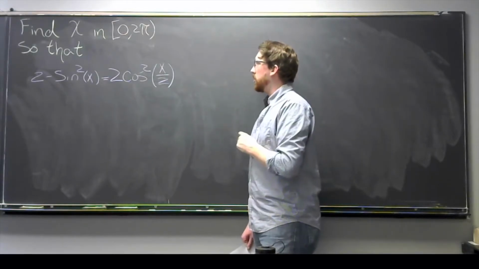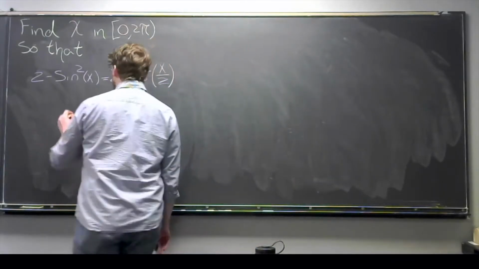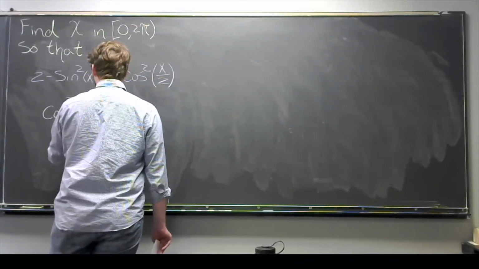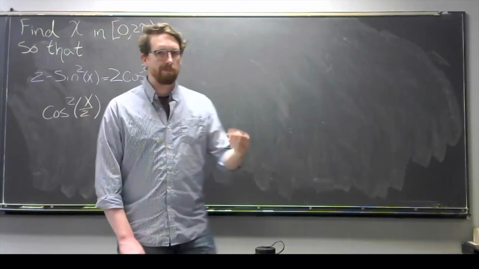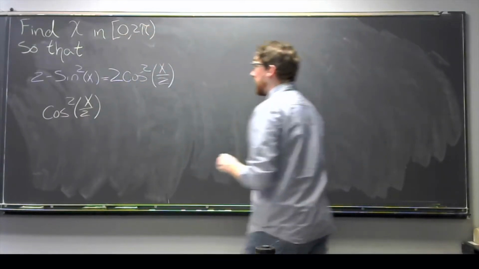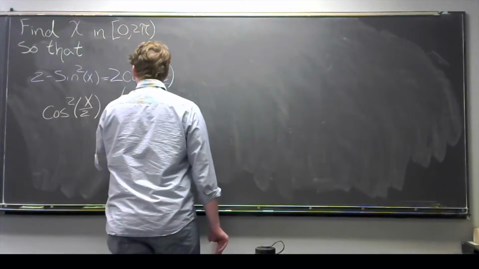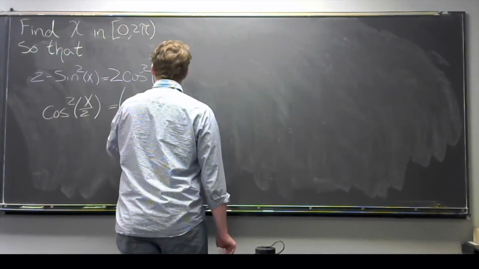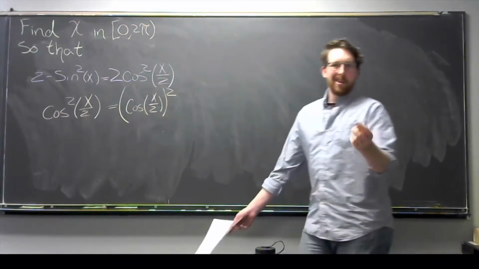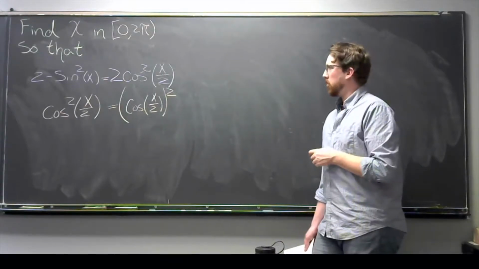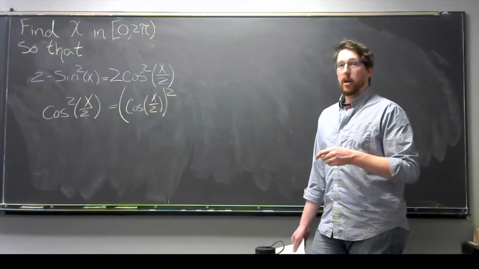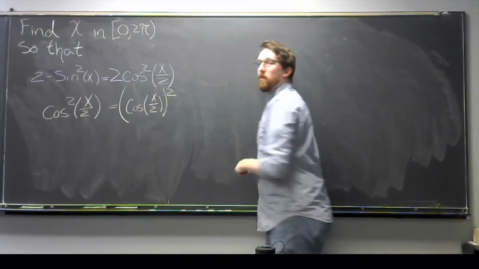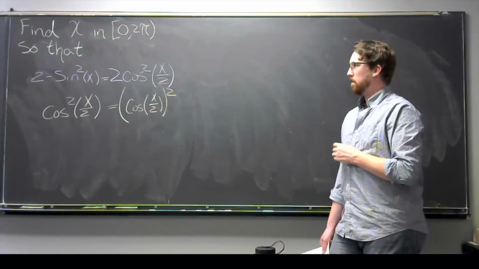The first thing we want to note is we can rewrite this cosine squared x over 2 as cosine of x over 2, that whole thing squared. They mean the exact same thing. But when we write it this way, it becomes a little bit more clear that here we're going to want to use the cosine half angle formula.